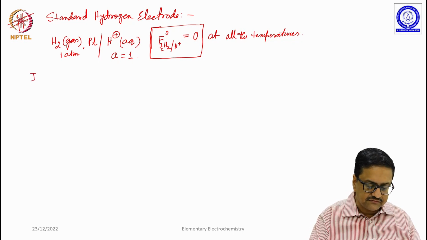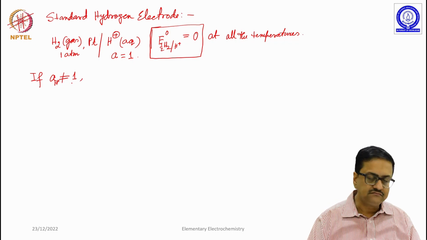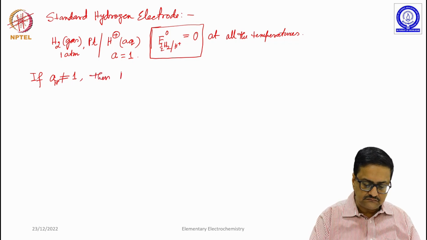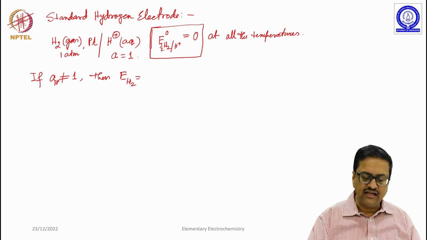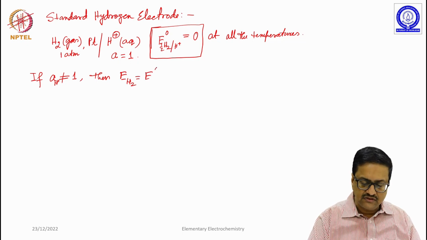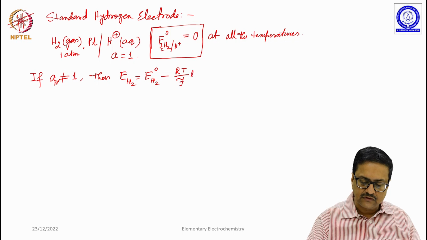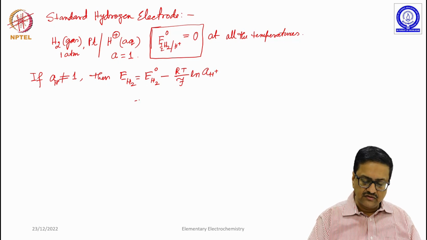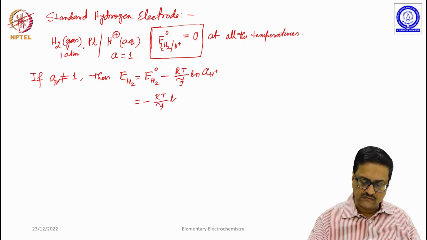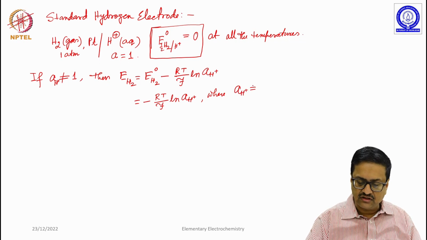Now, if the activity of H+ is not equal to 1, then EH2, the cell EMF, is E0 H2, which is 0, minus RT by F ln activity of H+, or simply minus RT by F ln activity of H+, where activity of H+ is not equal to 1.